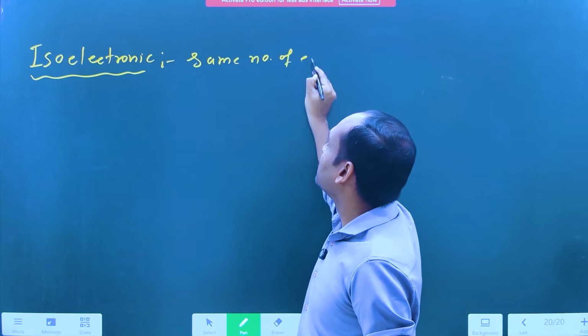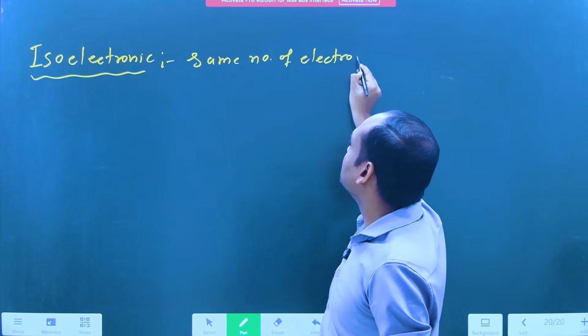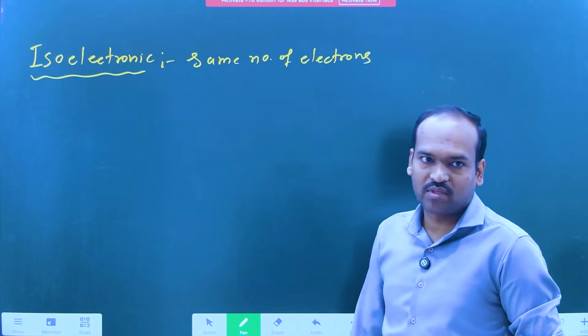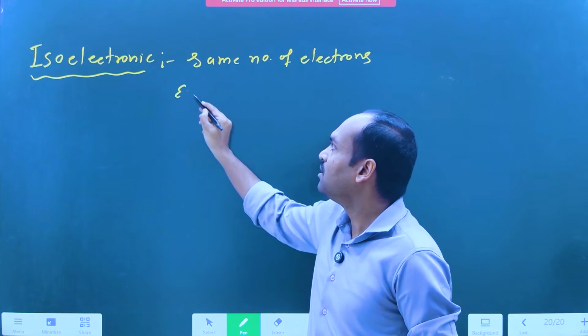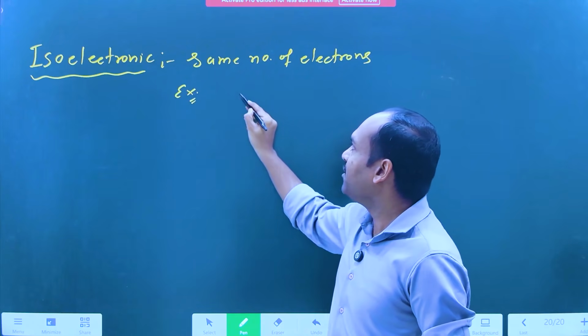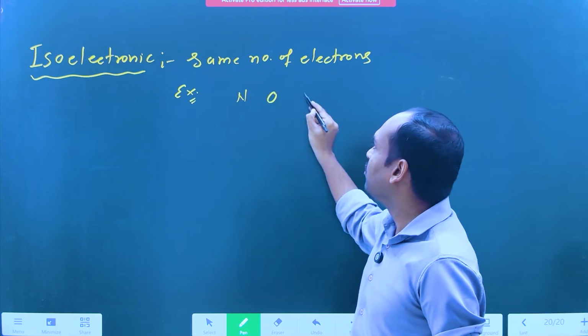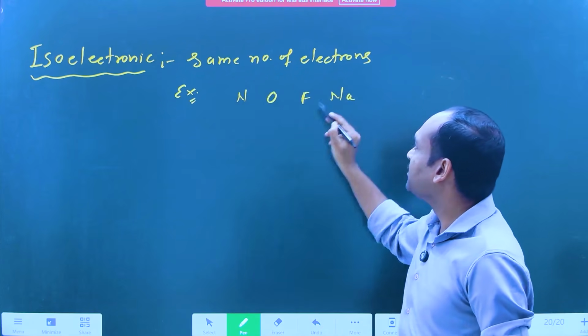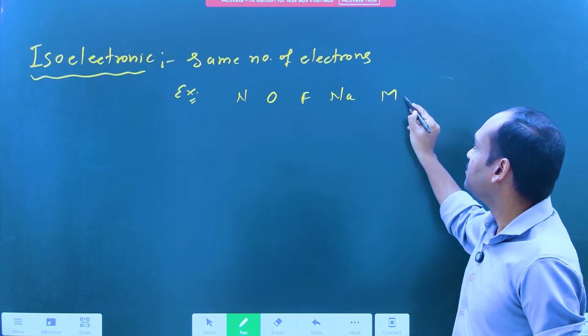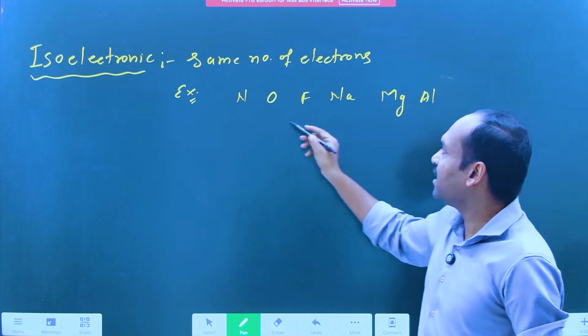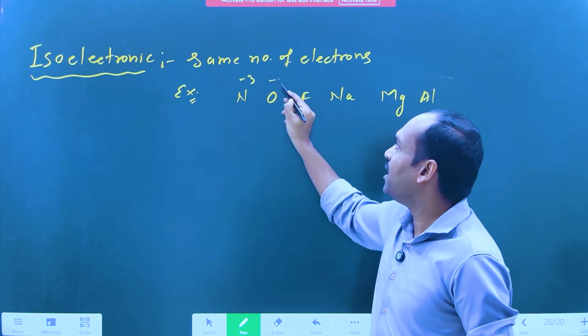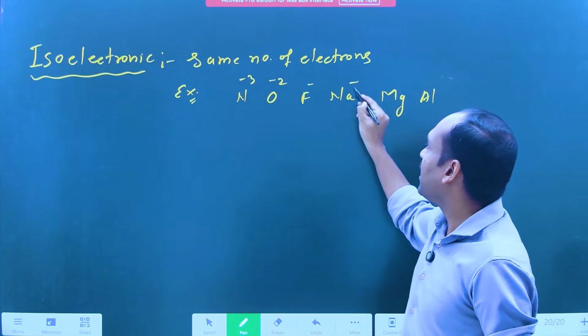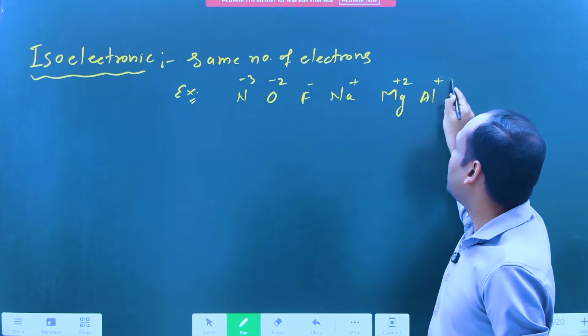Example: suppose we have nitrogen, oxygen, fluorine, sodium, magnesium, aluminium, as ions: minus 3, minus 2, minus 1, Na plus, Mg plus 2, Al plus 3.